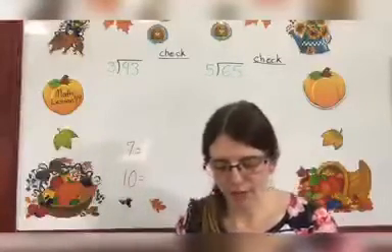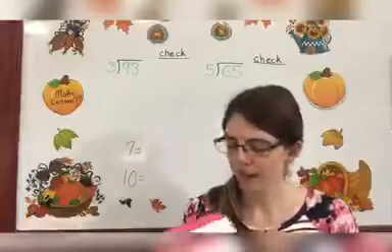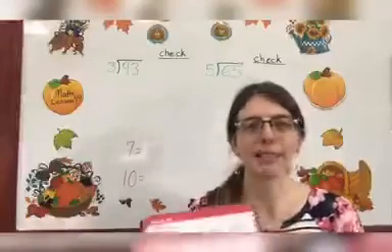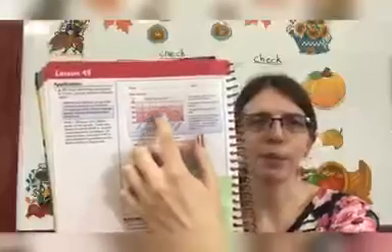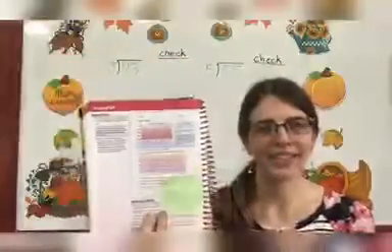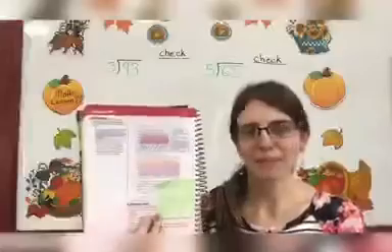To read the graph, if I want to know how many visitors were at the zoo, I first find the time, I go across to the time that I want, and then I go up to wherever the point is, and that tells me how many people.